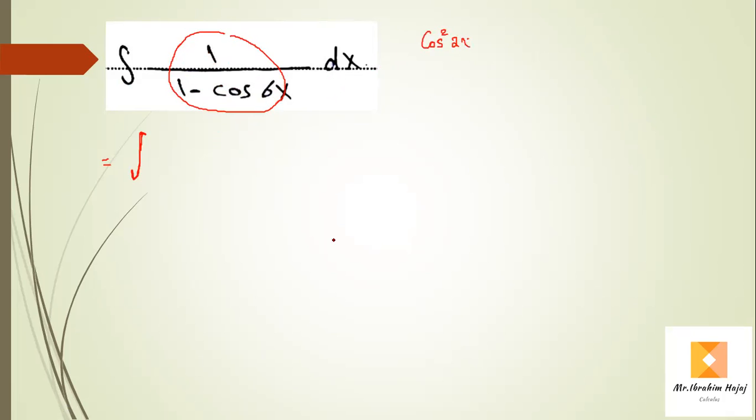We said that cosine squared x is equal to 1/2 plus 1/2 cosine 2x, and sine squared x is equal to 1/2 minus 1/2 cosine 2x. Since here it's minus, I'm gonna use the second identity.